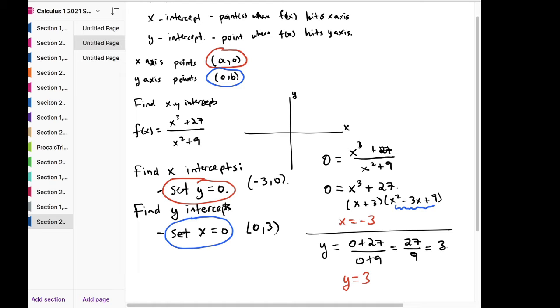Okay, so yeah, any other questions? Vertical asymptote. So this one actually doesn't have a vertical asymptote, right?